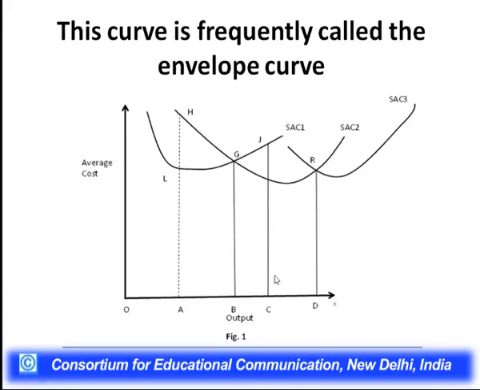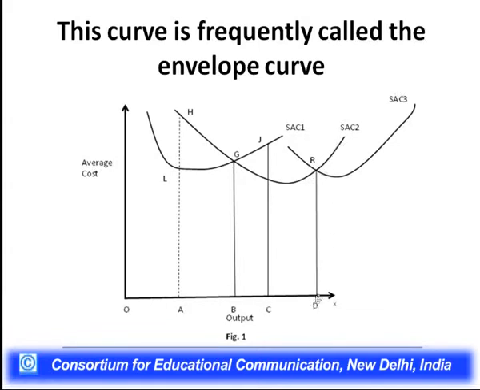Because here the cost per unit of output is less in SAC2, while it is CJ if he operates on SAC1. So it is better to have the second or the medium size of the plant if the output is to be done at the level OC, and till OD this plant can be operated upon, which is the medium size plant SAC2.